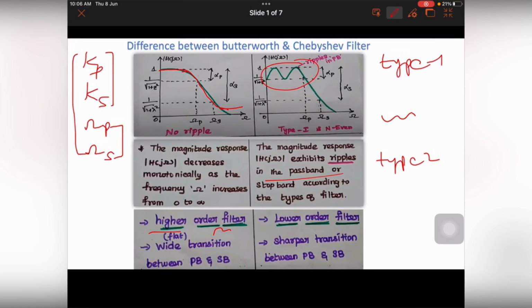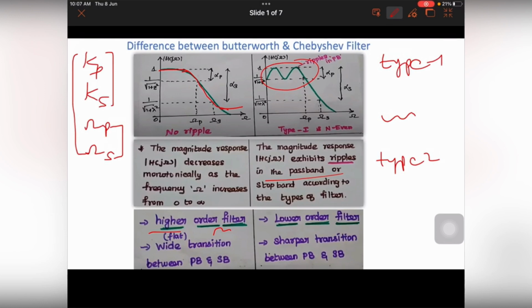Next, in the Butterworth filter there is a wide transition between pass band and stop band, a larger gap between the pass band and stop band, whereas in the Chebyshev filter there is a sharper transition between pass band and stop band.